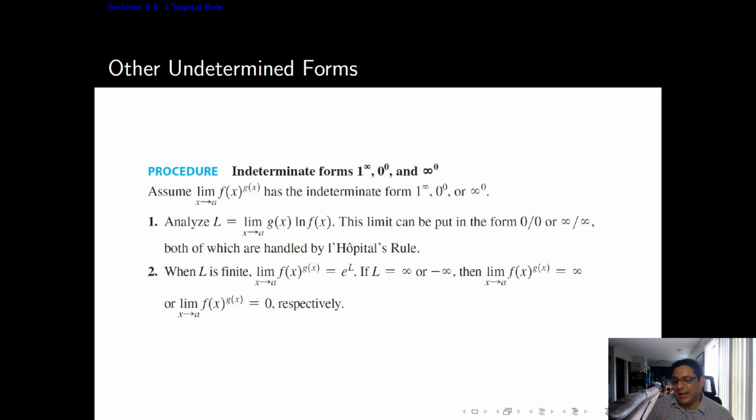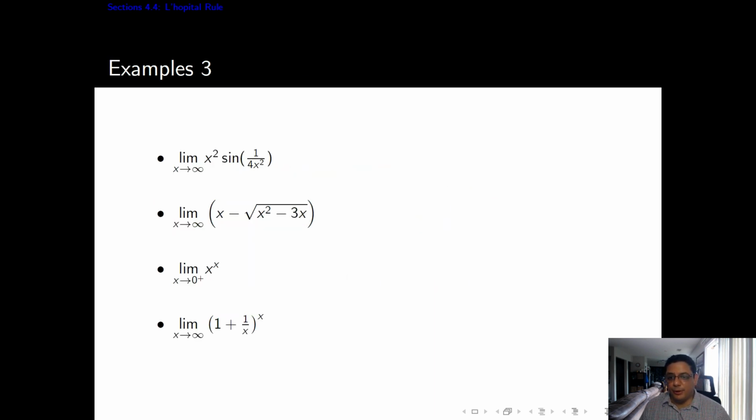Essentially, we're applying the logarithm to this type of limit, and that gives us one of these indeterminate forms. Then we apply L'Hopital's rule again, and when we obtain the limit, we apply the exponential to it, and we get back our original limit. Okay, so let's see some examples of that in action.